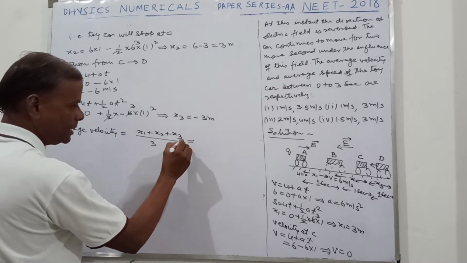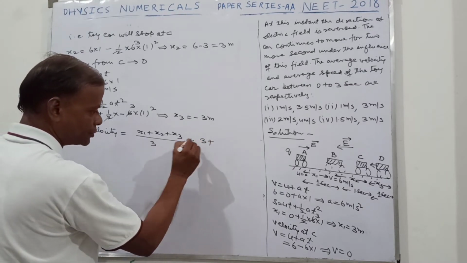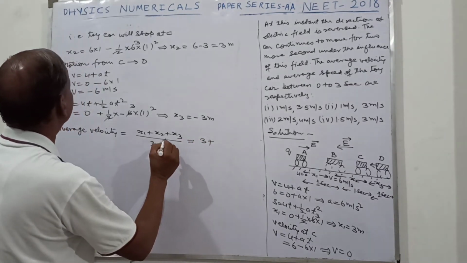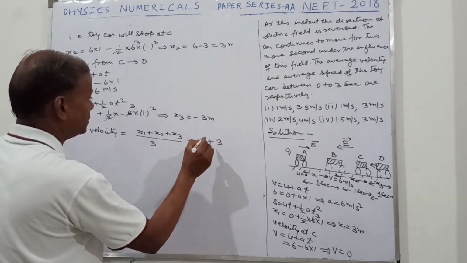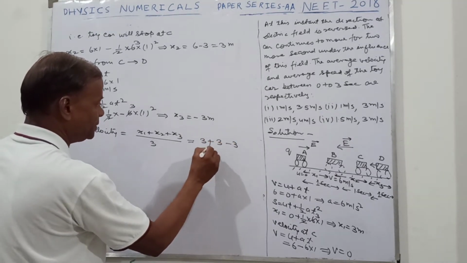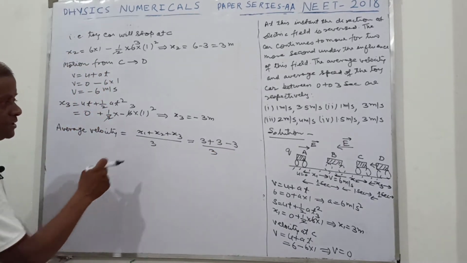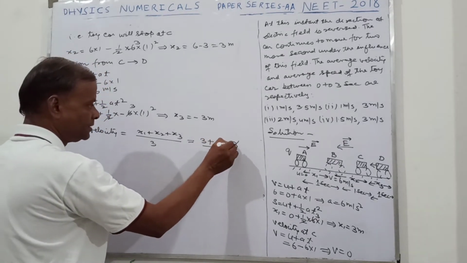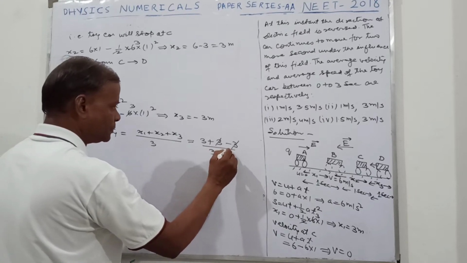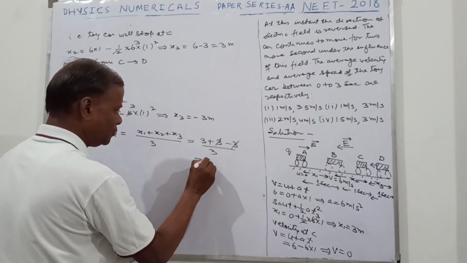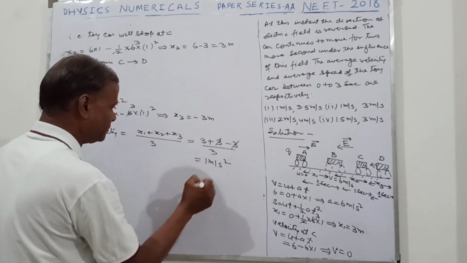So x1 is equal to 3, x2 is also 3, and x3 is now minus 3, upon 3. Total time is 3 seconds. So this 3 and 3 will cancel. So this will come out to be 1 meter per second.